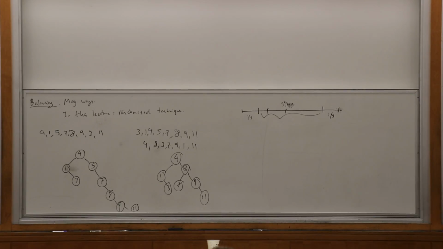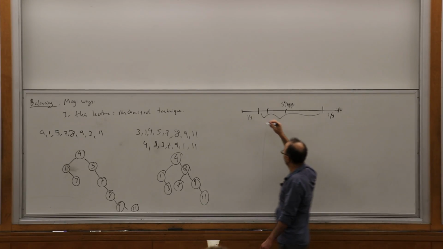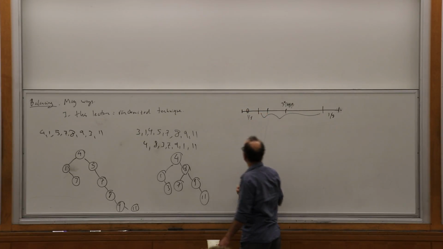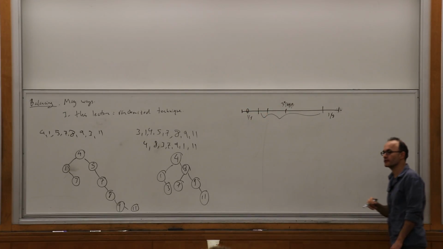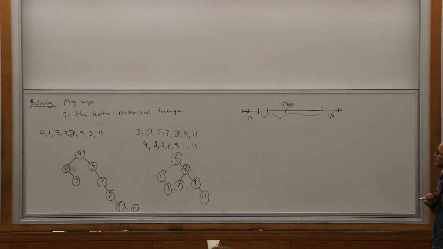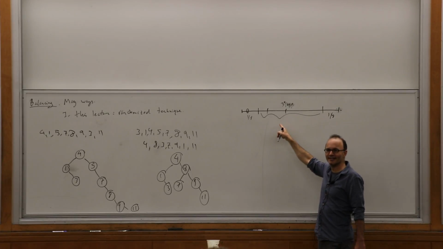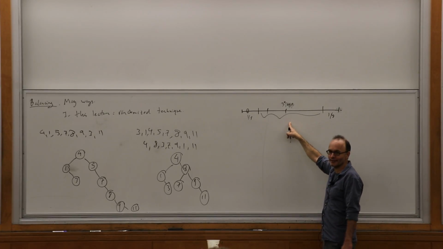So if I got unlucky in the first step, suppose my aiming was not good and I aimed here, that happens with probability 1/4. But then the second one is probably going to land here because this is more likely.